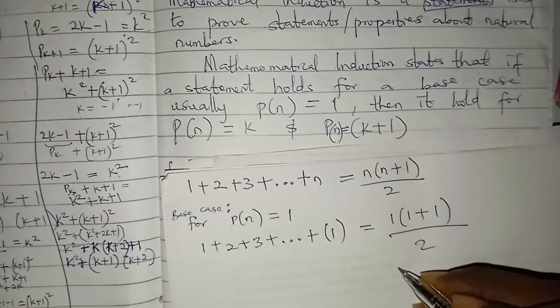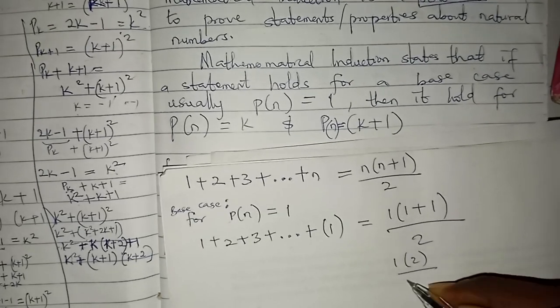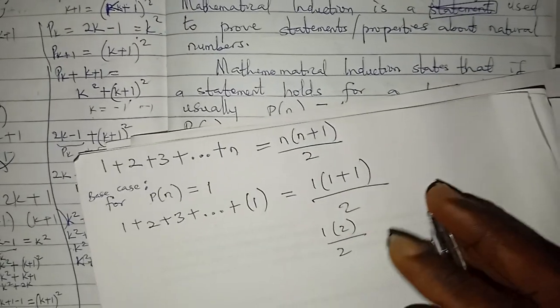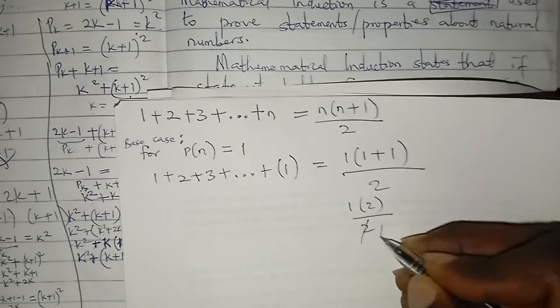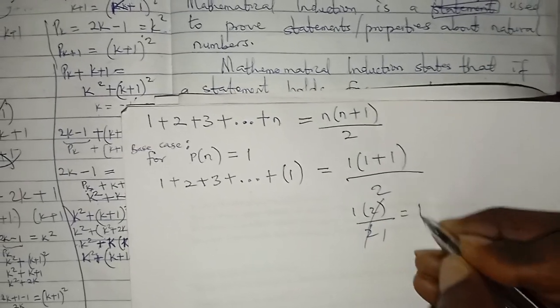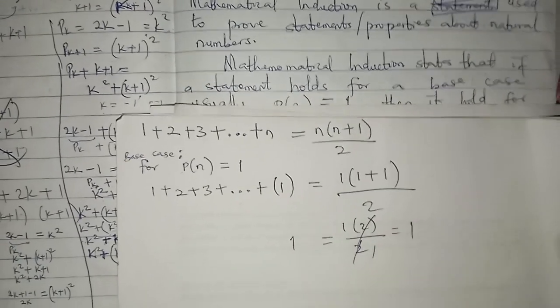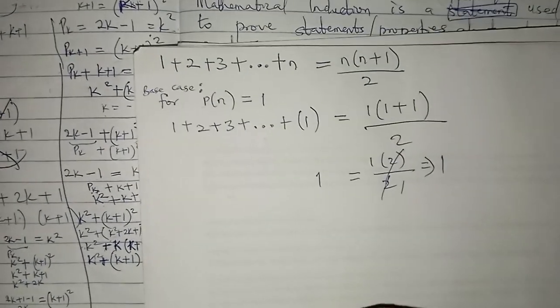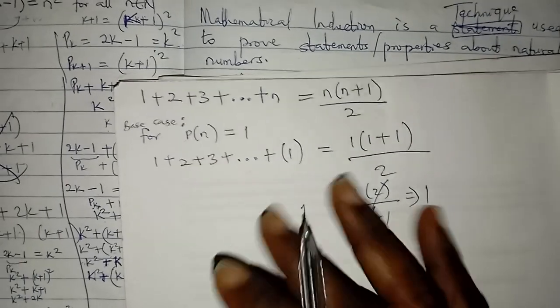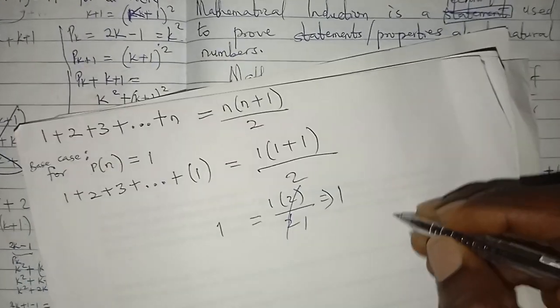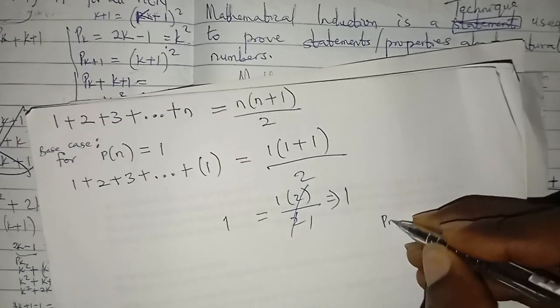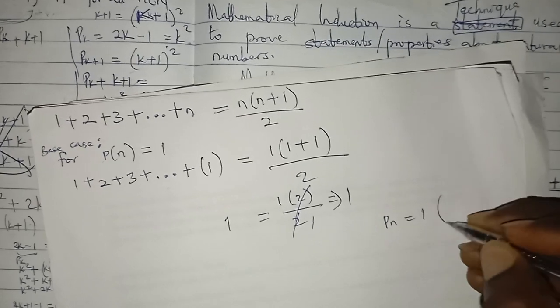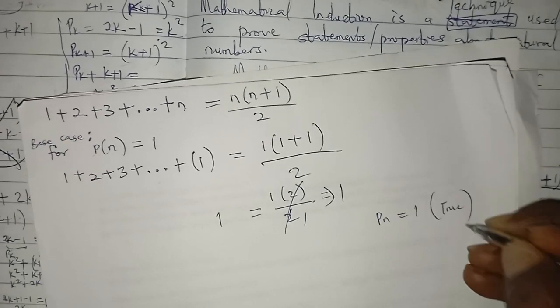This is the same thing as saying 1 into 2 all over 2. So left and right hand side is the same, is equal. That means P of n equals 1 is true.